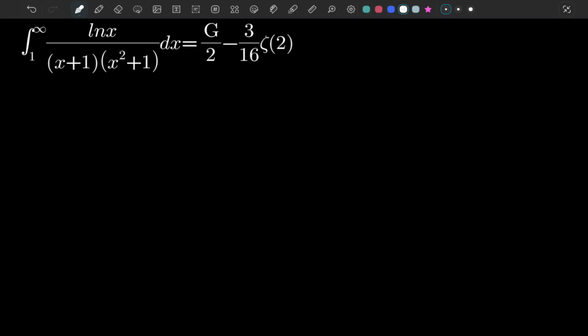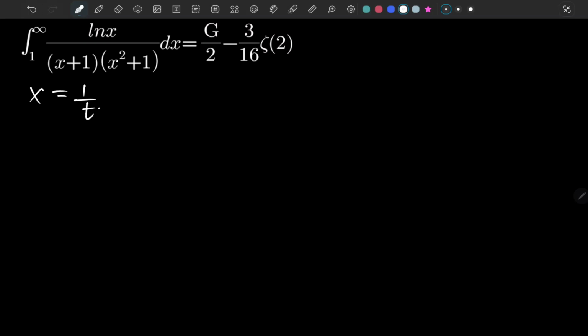So without wasting our time, let's begin the evaluation of this integral. Wherever you see a natural logarithm inside an integrand, and your limits are from 1 to infinity, you just have to let x equals 1 over t.